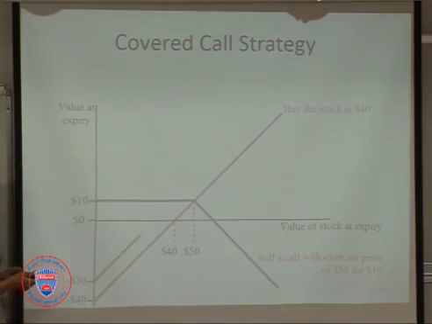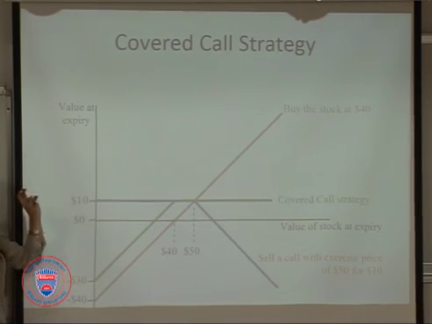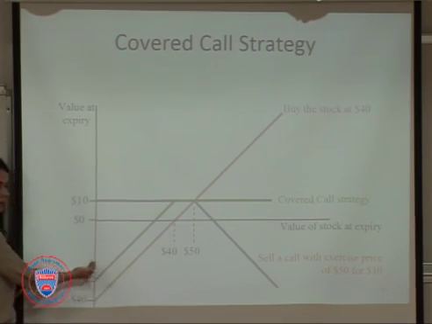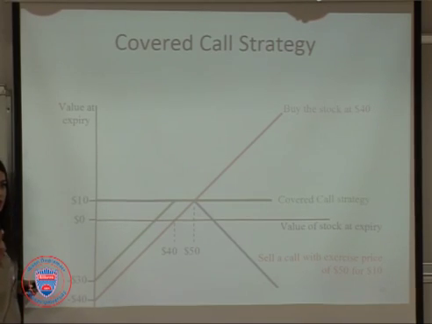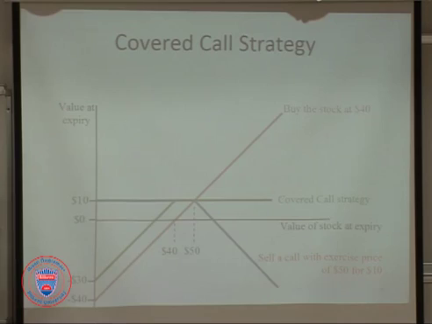But what's going to happen is, since you have the stock and you have a sold call together, you're reducing your loss from the stock because of the price you get for the call, and also you're smoothing your profits after the point of 40, let's say.